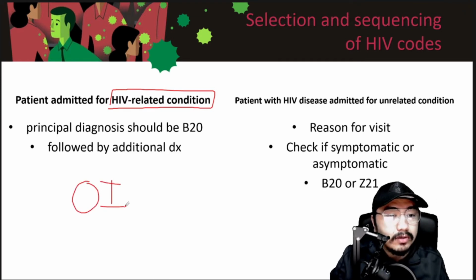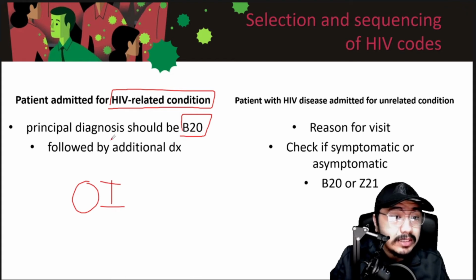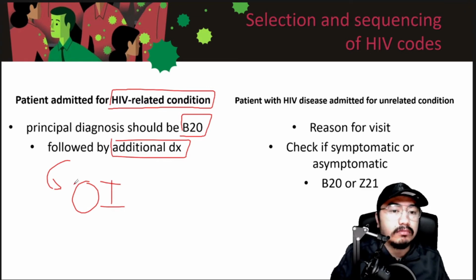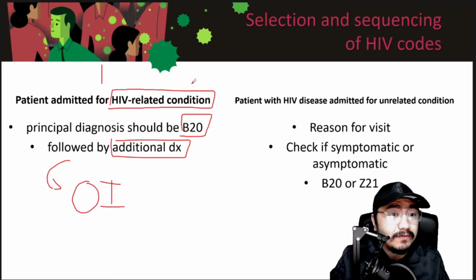I'll show you later those common OIs, or any types of infection associated with HIV. If that's the case, your principal diagnosis should always be B20, followed by additional diagnoses. Additional diagnoses are for those HIV-related illnesses and conditions, and any other diagnosis found within the visit. So that's your first scenario.